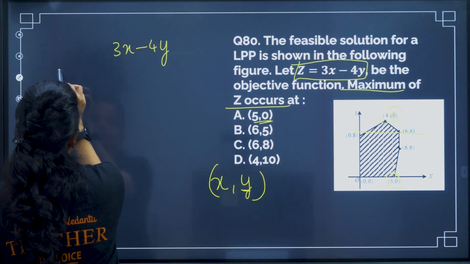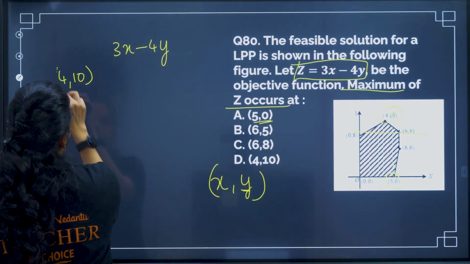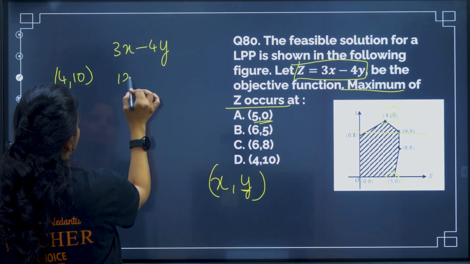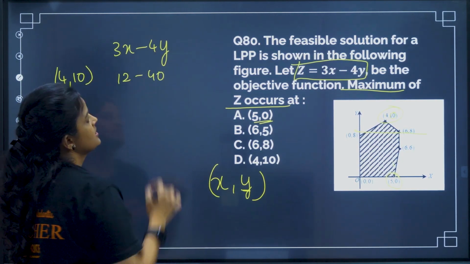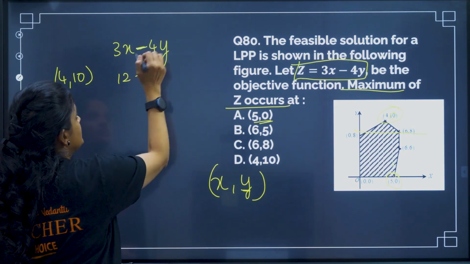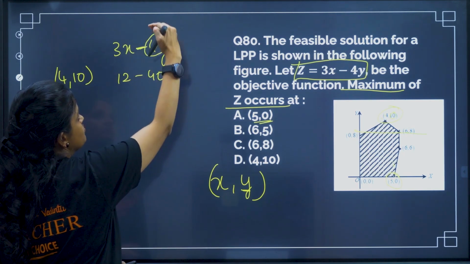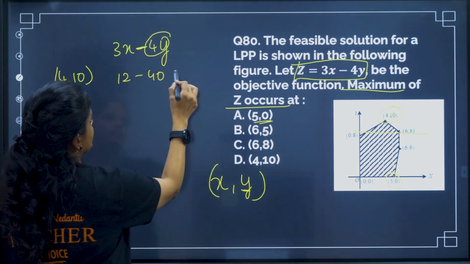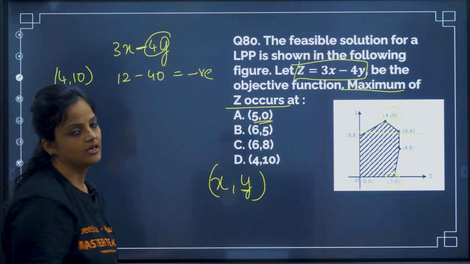Okay, let's try with 4, 10. Suppose I am putting this point, it will be 12 minus 30. This is the reason I am telling this, because there is a negative in between. If the y value is more, the answer will be less, right? So I will get a negative. No need to check that also.